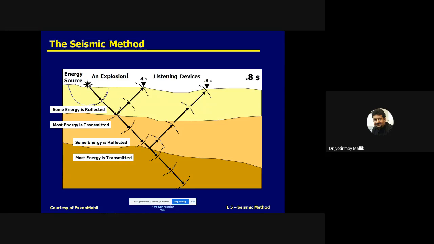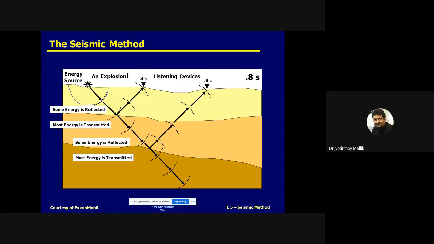It can be done with the means of a dynamite, or it can be done with the means of a very strong hammer. I mean, it's just the name is hammer. It's no way it looks like a hammer that you are familiar with. It's like a big pillar of solid steel which actually thumps on the ground.